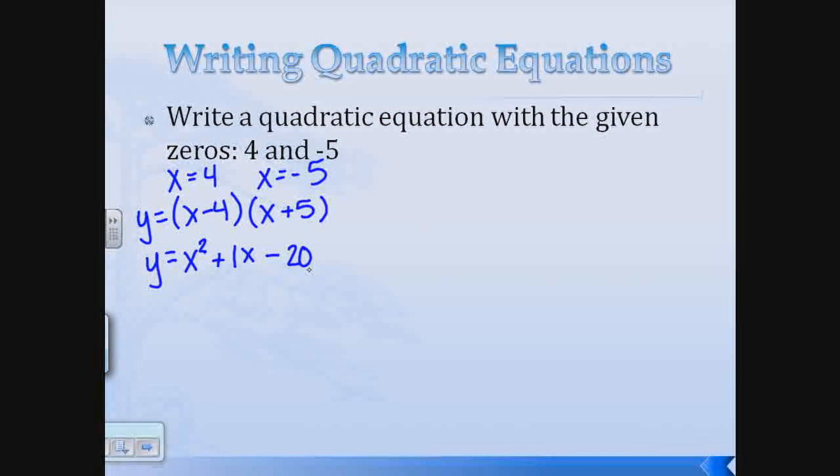So I use the idea of what are the factors of negative 20 that make 1. Since I was given those factors, then I go backwards and use that same idea. Or you can FOIL. This would be the quadratic equation that would give you these two answers as zeros.